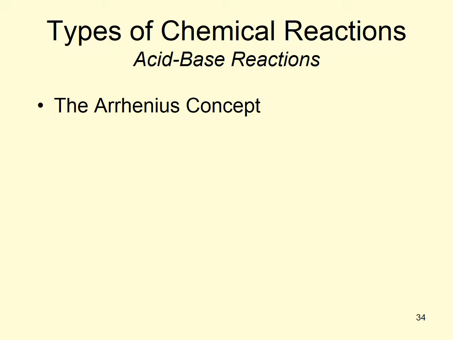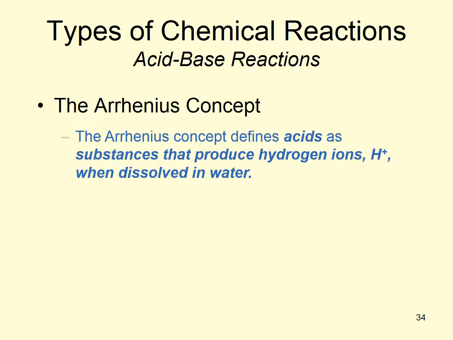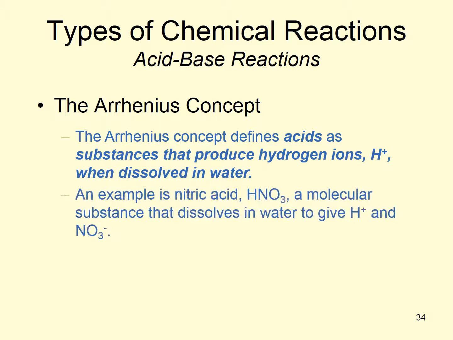All right, well, we have a couple of different concepts when we talk about acids and bases. The original concept of an acid and a base was named by Arrhenius, and so it's sort of the simplest concept. In the Arrhenius idea, an acid is something that, when dissolved in water, produces a hydrogen ion, an H plus ion. So, for example, nitric acid.